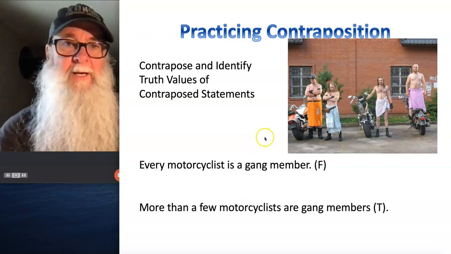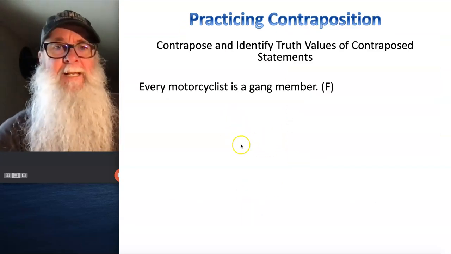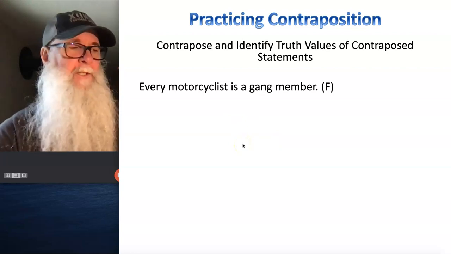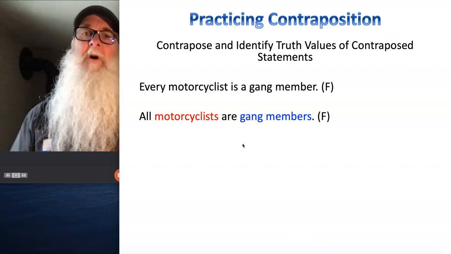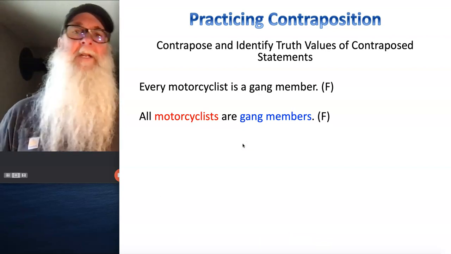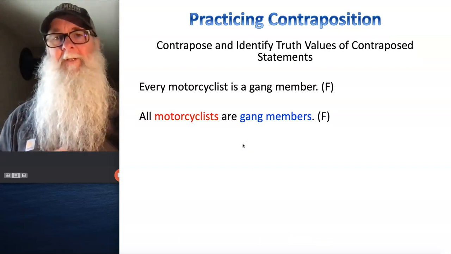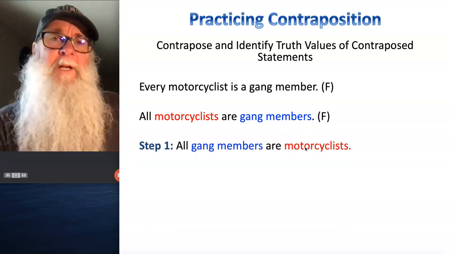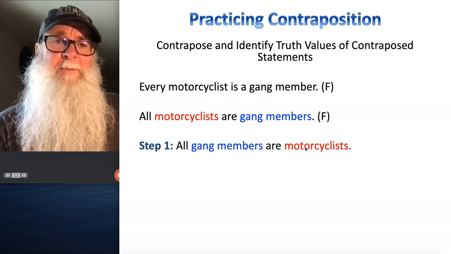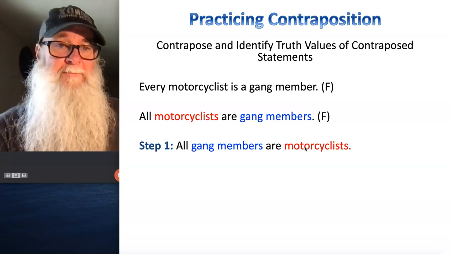All right, let's see what we got going here. So for our first statement, every motorcyclist is a gang member. That just screams out A statement to me, right? Every one of them, all of them. So all motorcyclists are gang members. So if the statement we're offered is false, our standard form translation is also going to be false. Step one, we're going to switch the position of the subject and predicate terms. All gang members are motorcyclists, okay?